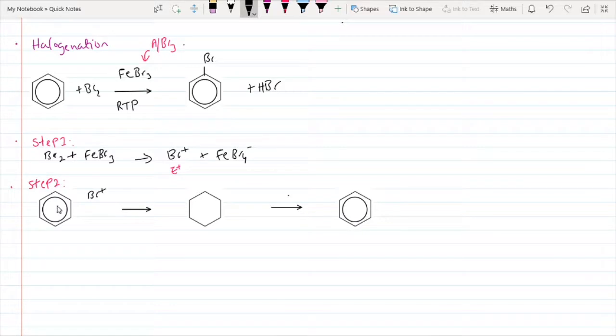As I mentioned earlier, this ring represents 6 delocalized electrons, and it's going to donate 2 of its electrons to the bromonium ion, and therefore the bromonium ion is going to form a dative covalent bond with the benzene ring. However, it does disrupt the benzene ring, therefore we have to make this horseshoe shape, and it has to cover 5 carbons, and this intermediate would have a plus charge because it has lost electrons.